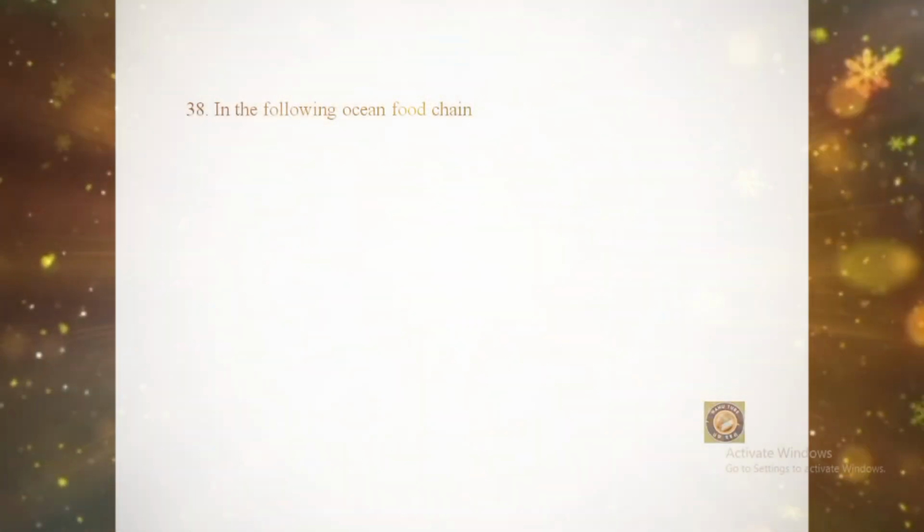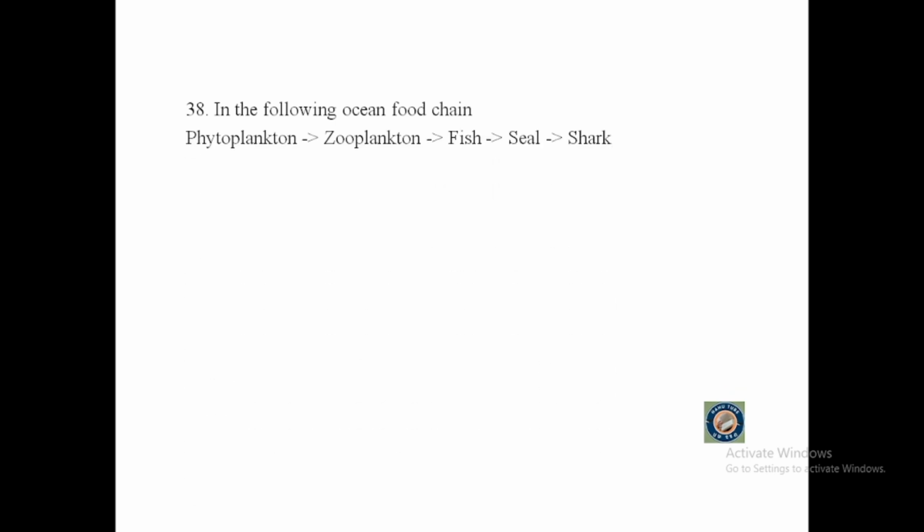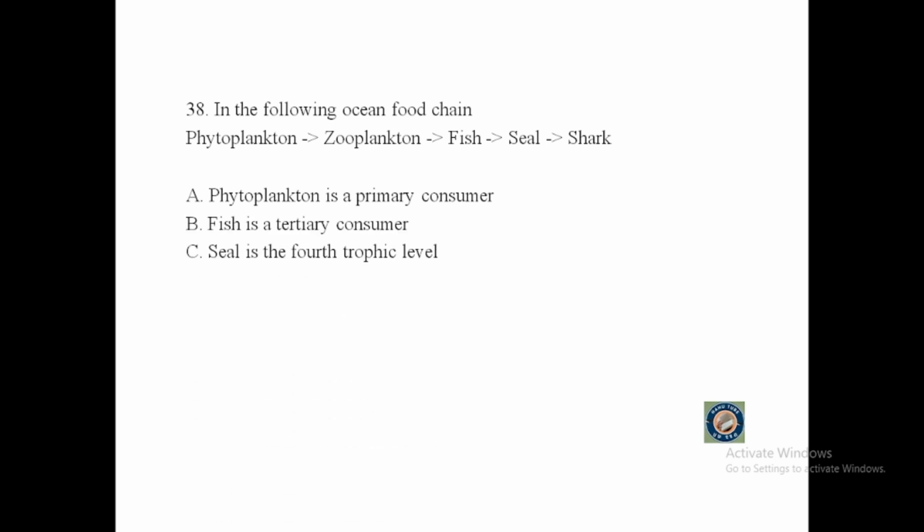Question number 38. In the following ocean food chain, phytoplankton, zooplankton, fish, seal, and shark. A. Phytoplankton is a primary consumer. B. Fish is a tertiary consumer. C. Seal is the fourth trophic level.